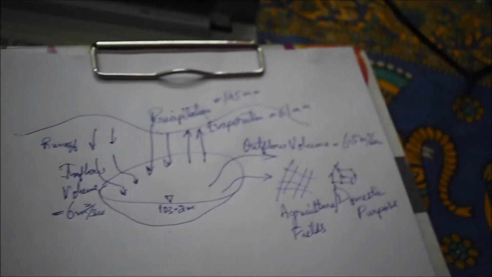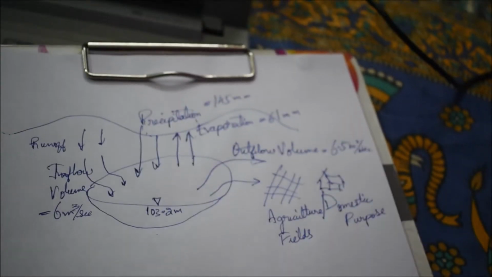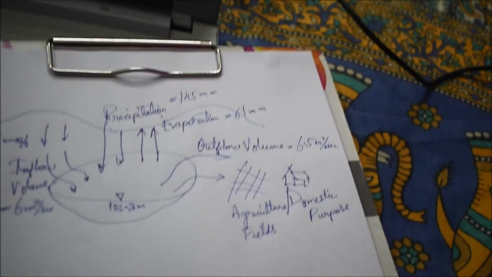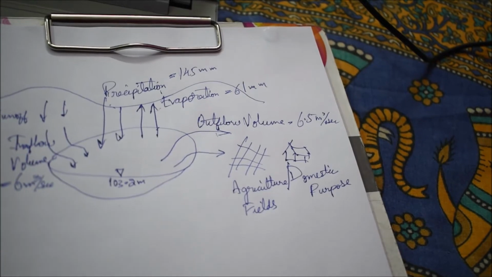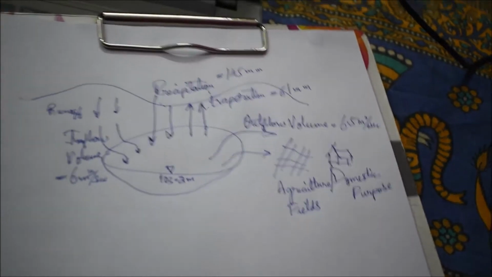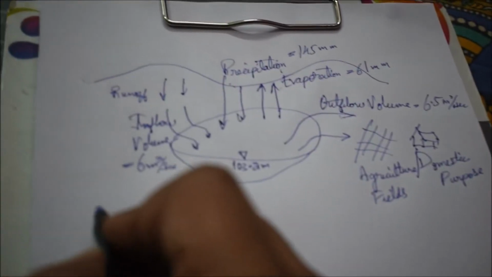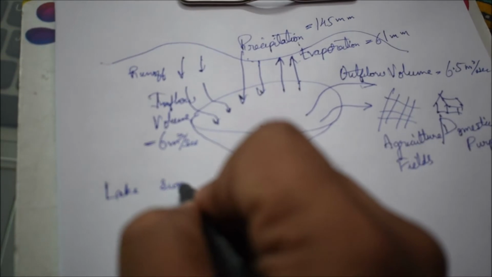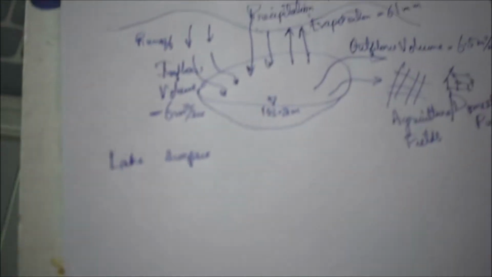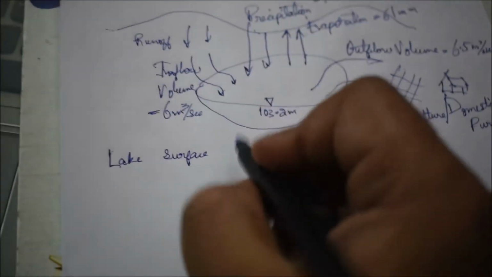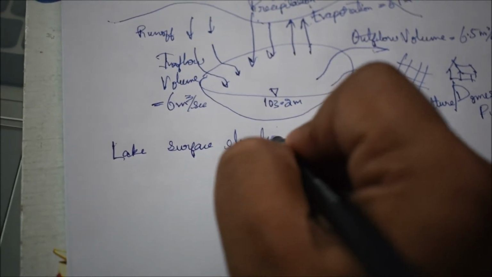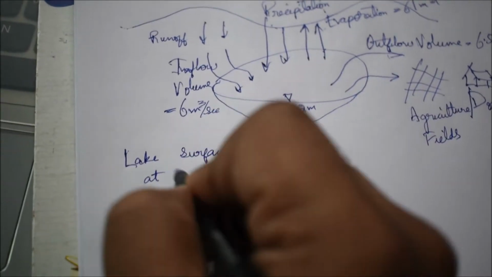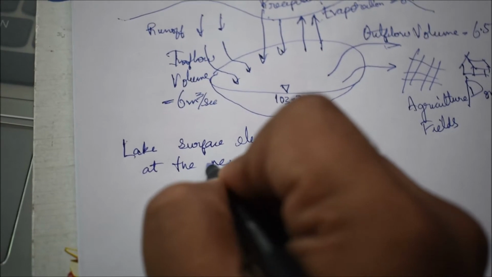Okay, so there is also an influence of evaporation of 61 mm and also an outflow volume of 6.5 meter cube per second. But the problem states that we have to calculate the lake surface elevation at the end of the month.